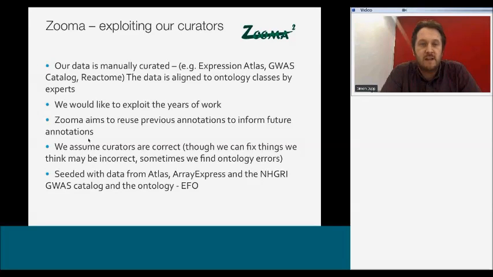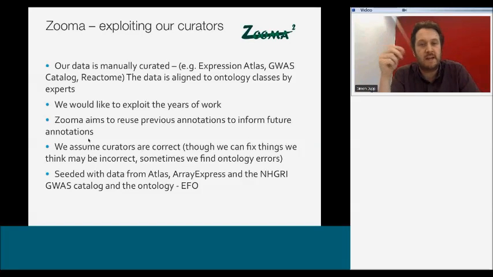This is effort that's being done at the EBI to annotate data with ontologies. The data that's coming in, we have curators sitting down and manually saying, okay, this data maps to this ontology term. And previously, where this data has gotten into the database and been lost, we're trying to pull this and expose this back out through the Zooma system.